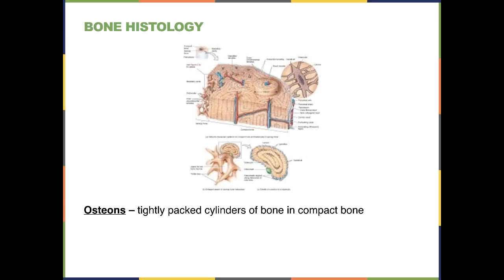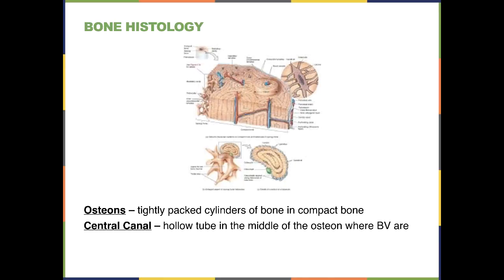And osteons are made up primarily of bone matrix, and in the center of each of these is a central canal. And the central canal, which you can see there, is where the blood vessel travels up and down through the osteon and provides the blood that's needed to feed the osteocytes within the osteon.